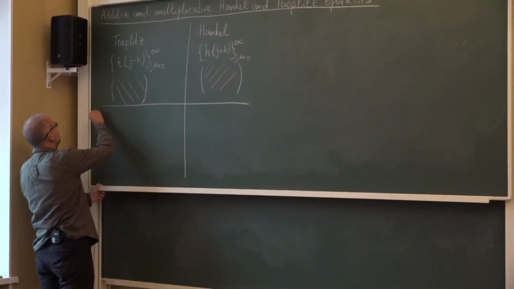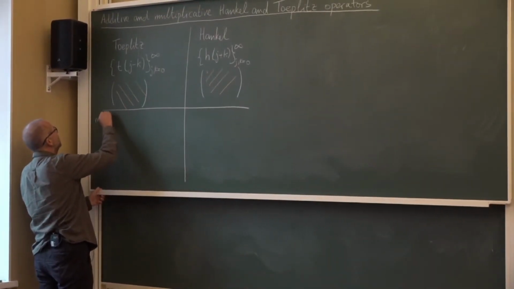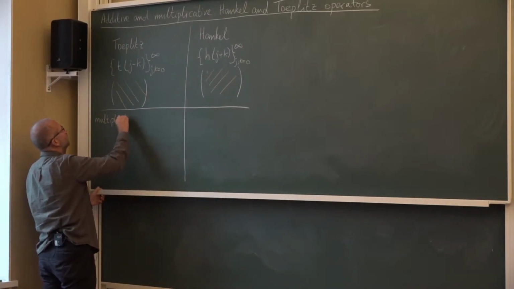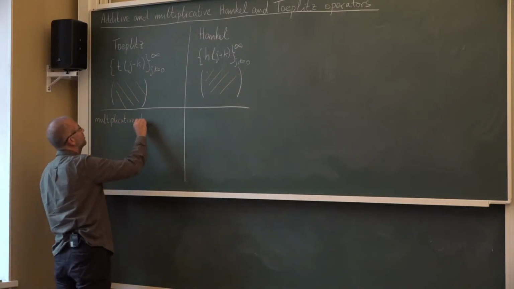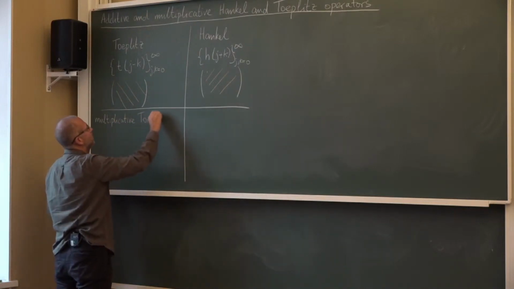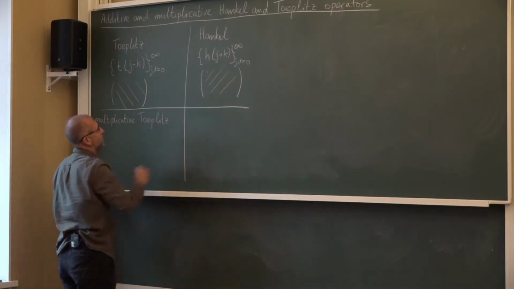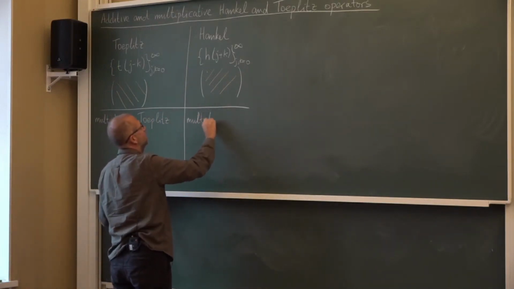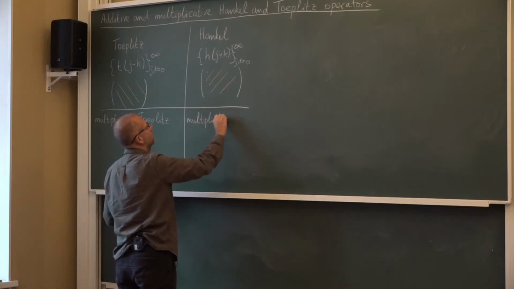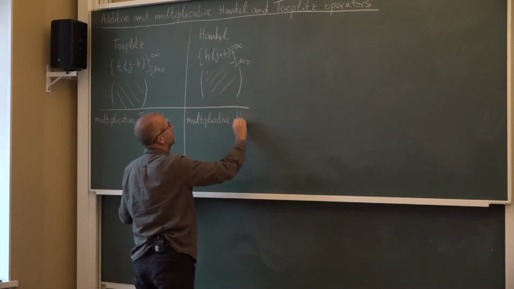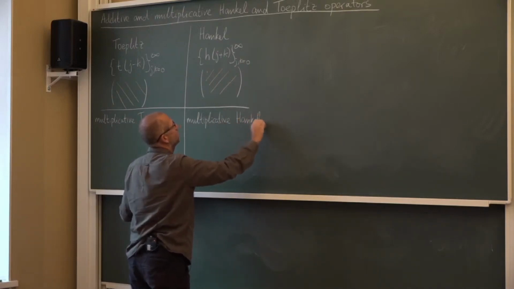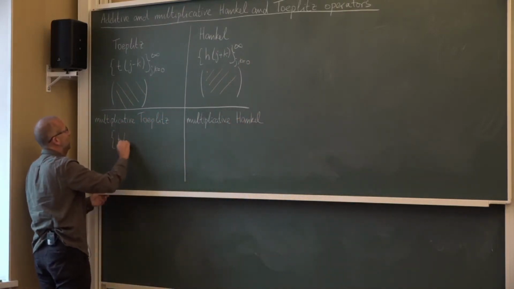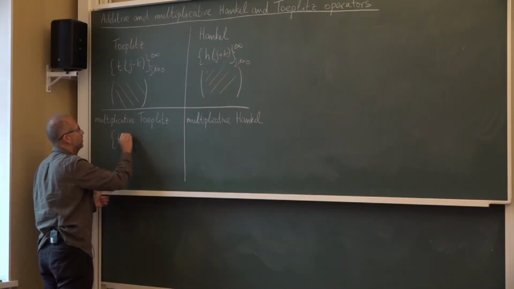Now there are also multiplicative Toeplitz and multiplicative Hankel. So multiplicative Toeplitz are matrices of the following form.